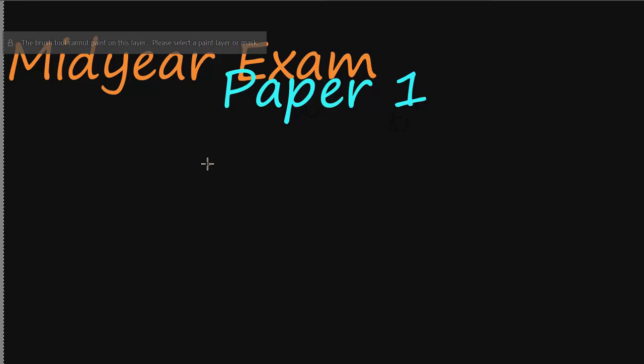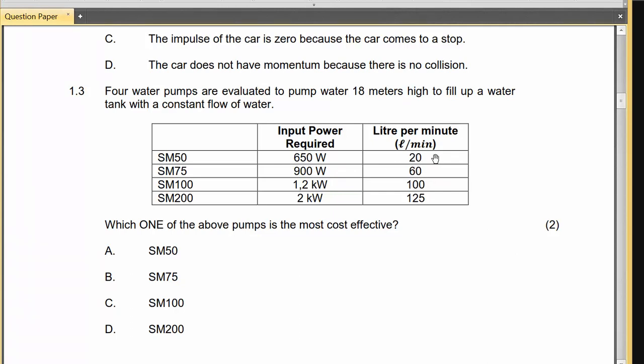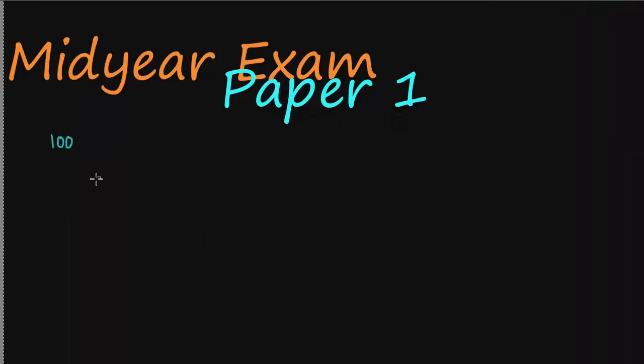So let's say we take 100 liters and we're going to pump 100 liters up. According to our table, the first one can do 20 liters per minute. So 100 liters will take 5 minutes, and it will use 650 kilowatts, which is joules per second.